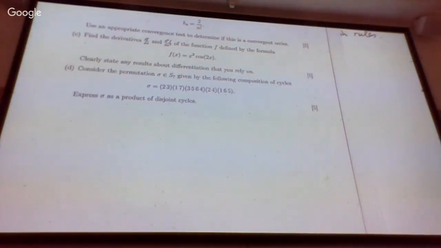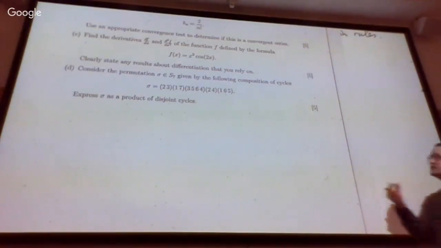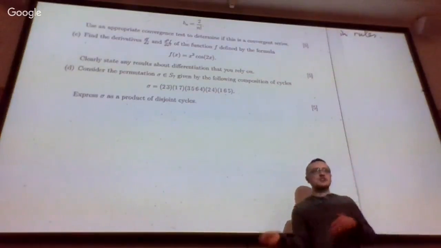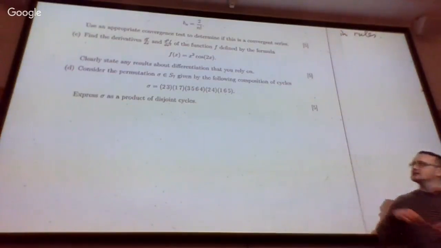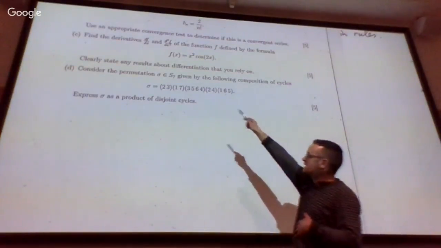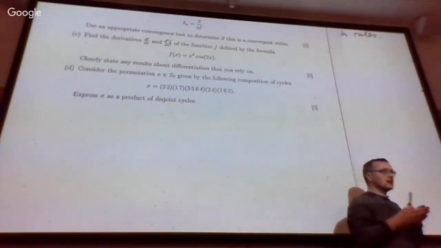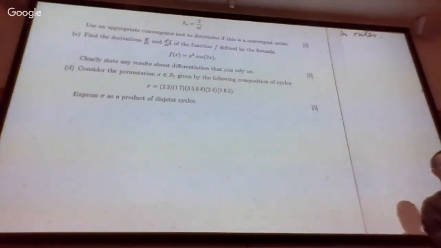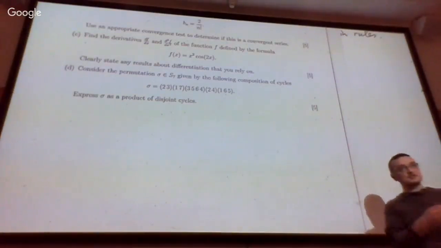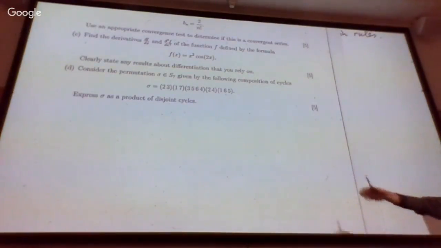A permutation is a bijective function on a finite set of objects to itself. The fact that this sigma is in the symmetric group S7 indicates it's a bijective function on a set of 7 objects. And the convention is they're just labeled 1, 2, 3 through 7.